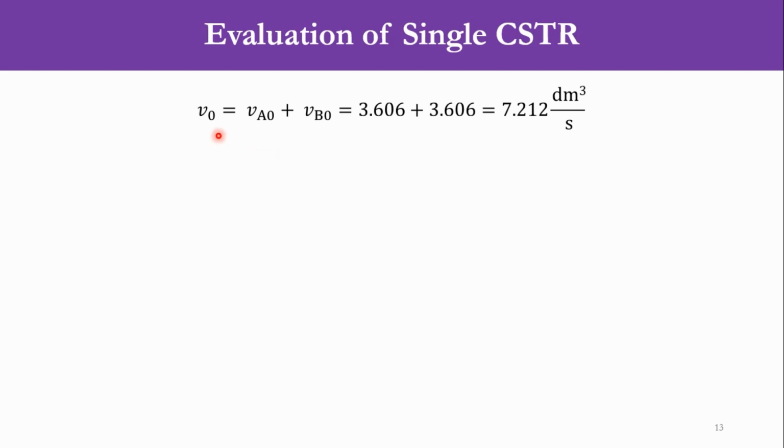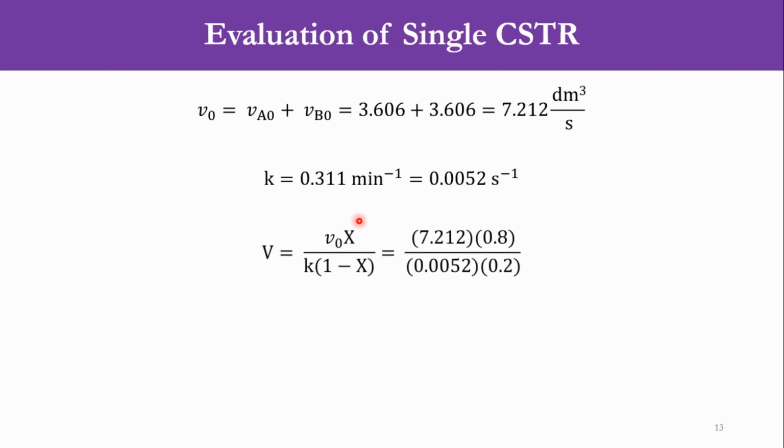Accordingly, the total V naught is equal to Va naught plus Vb naught, which is 3.606 plus 3.606, and that is 7.212 cubic decimeter per second. We have been given k, that is 0.311 per minute, or converted to seconds, 0.0052 per second. V is equal to V naught x over k into 1 minus x, the equation which we have developed.